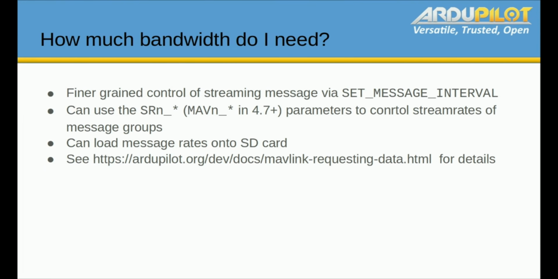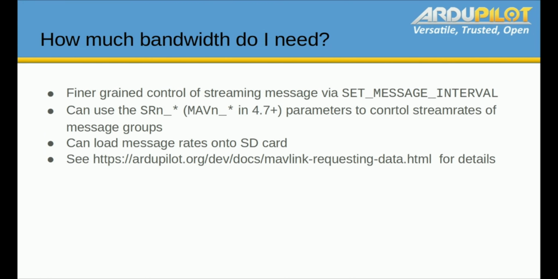You can use the SET_MESSAGE_INTERVAL MAVLink message. The GCS can tell ArduPilot, I only want you to send these particular messages. If your GCS supports that, you can use it instead of your normal stream rates.